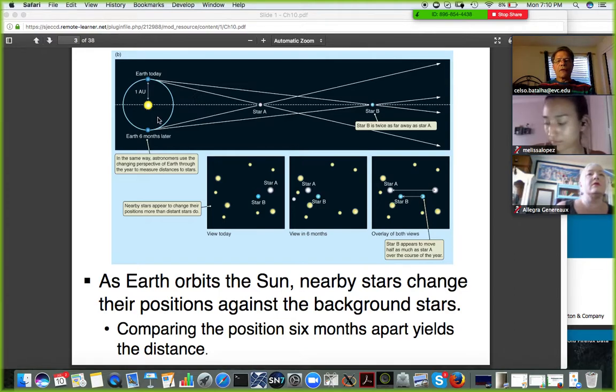But certainly this figure is not to scale. Imagine for a while that Earth goes around the Sun in a nice circular path, as you can see in this figure. And imagine there is a star here, labeled star A, and another star, star B, which is a little further out.